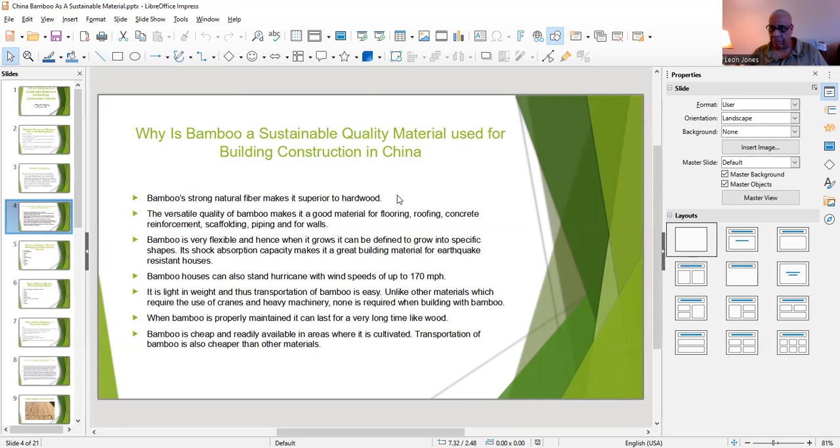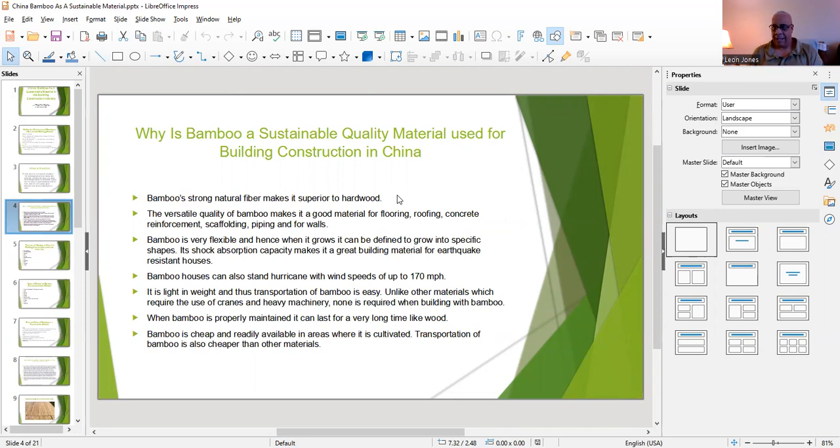Also, as a product, it is cheap and ready and available in areas where it's cultivated. Again, bamboo is cheap and readily available where it is cultivated. Transportation of bamboo is also cheaper than other materials.